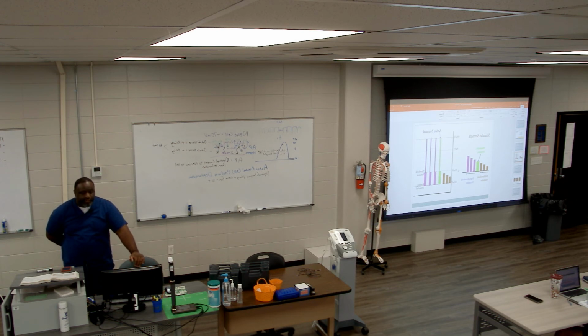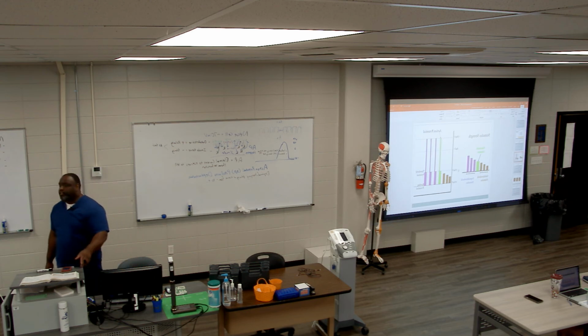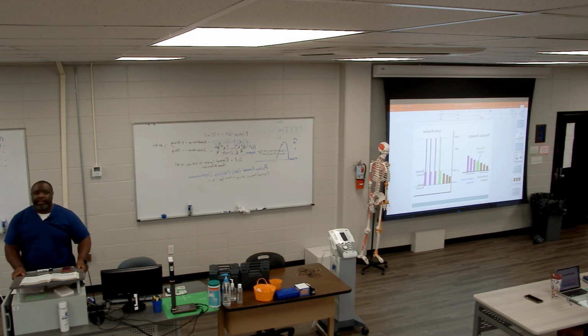If it does not reach a place where it gets to a minus 55, then we call that a sub-threshold stimulus. It didn't reach the threshold needed to actually cause an action potential. When you think about sub-threshold, have you ever had a really small bug crawling on your leg and you not notice it?